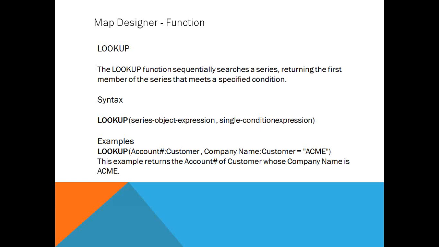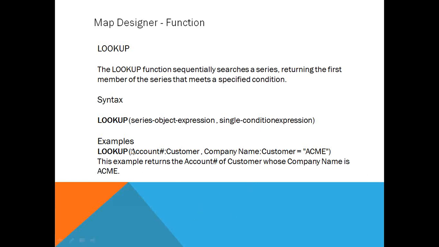Take the example, lookup of account customer where the company name is ACME. Assume your input has 10,000 records, and each record has customer name, customer account ID, and some three more fields like customer address. But you want the customer account number for ACME.